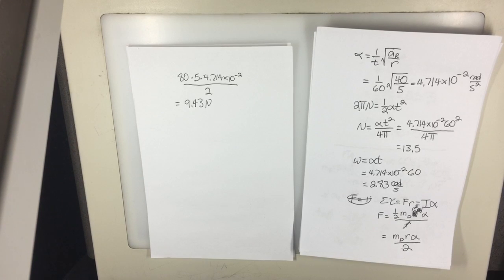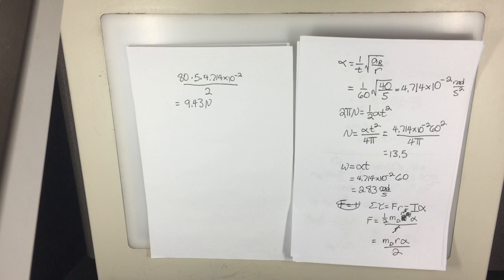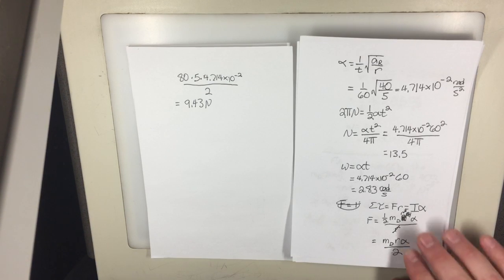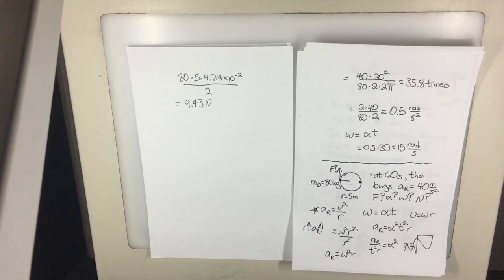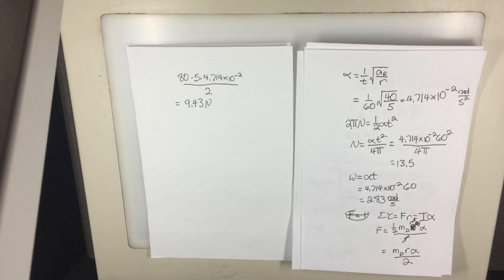And so that is the force of the rocket. So if that 9.43 newton force rocket pushes for 60 seconds, the bug will be experiencing a radial acceleration of 40 meters per second per second. So this is a typical thing that we do.